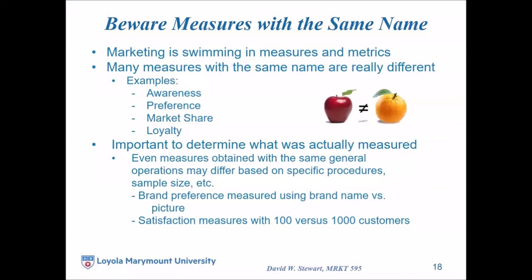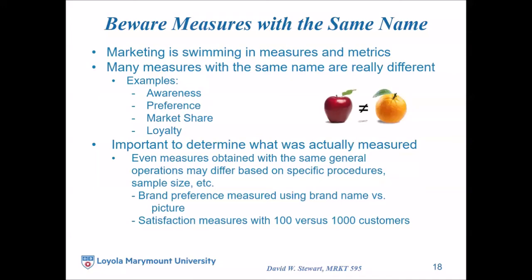On the other hand, I could ask you to look at a list of brands and tell me how many you've ever heard of. We call that aided recall. Guess what? People have heard of a lot more brands than they have top of mind.